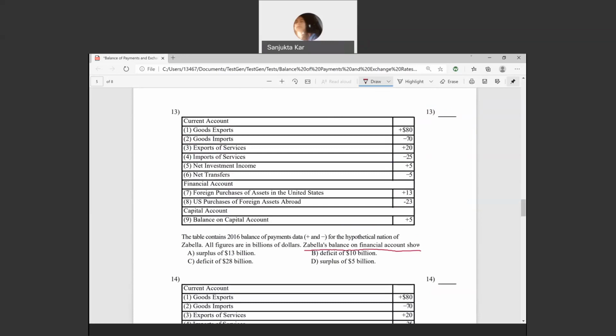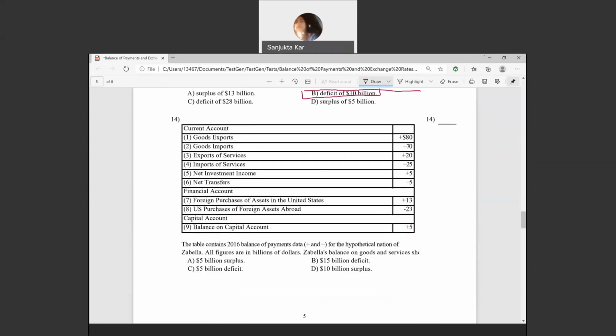Financial account here, foreign purchases of assets in the US is plus 13. From that, the US purchases of foreign assets is negative 23. 13 minus 23 is going to be negative 10. So we have a deficit of 10 billion on the financial account.